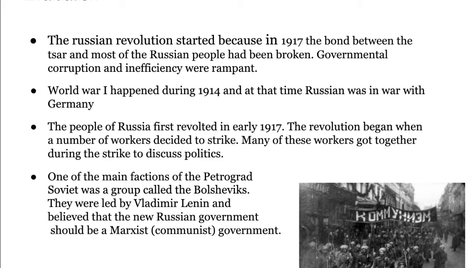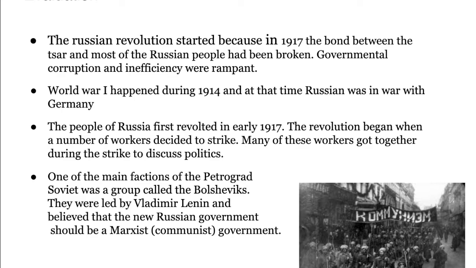The result of the Russian Revolution. After the Russian Revolution, Russia exited World War I by signing a peace treaty with Germany called the Treaty of Brest-Litovsk. The new government took control of all industry and moved the Russian economy from a rural one to an industrial one.